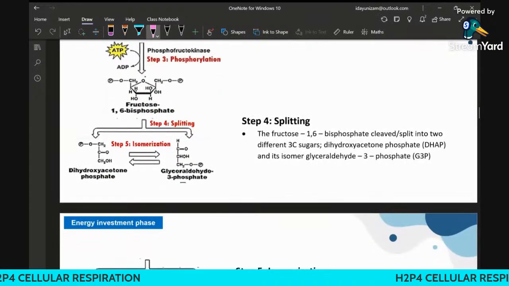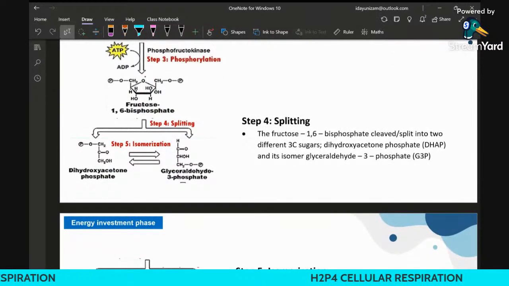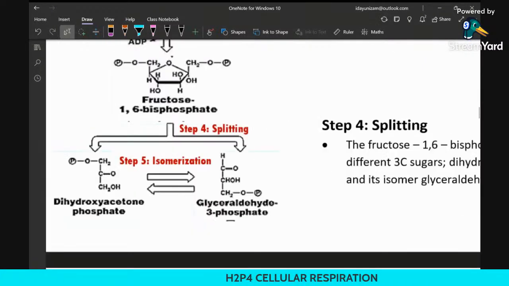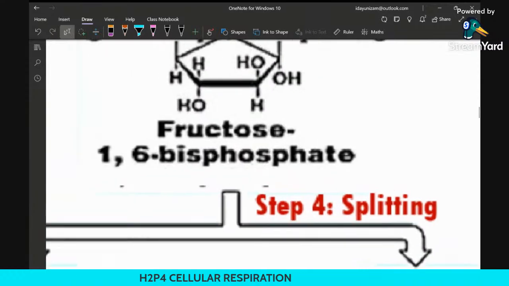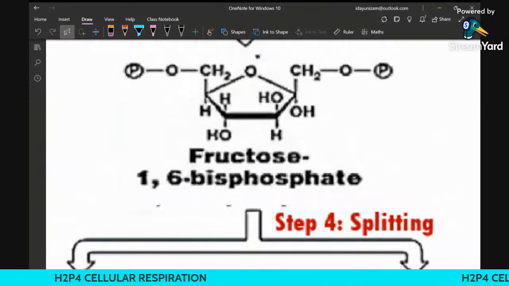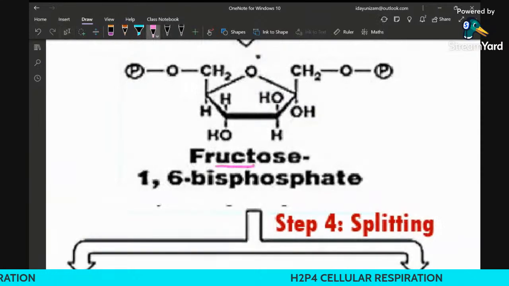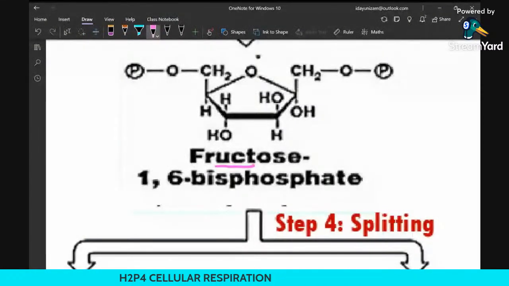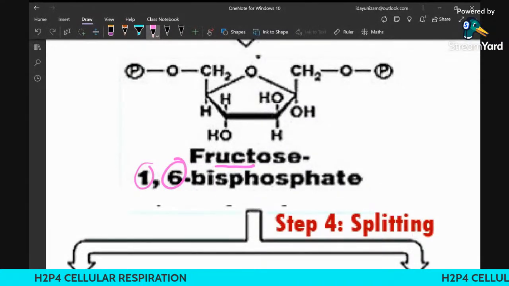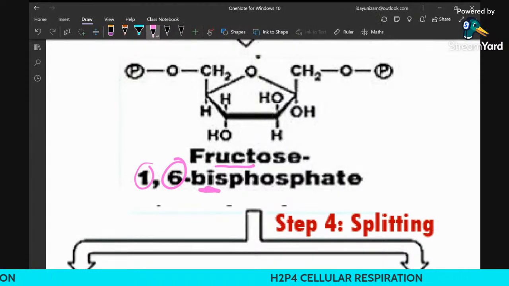Okay, next, class. Before that, you realize the name of the molecule, fructose dash 1,6. The 1,6 is the presence of phosphate on those carbons. Dash bis. What does bis mean, class? Bis means there are 2 phosphate groups.